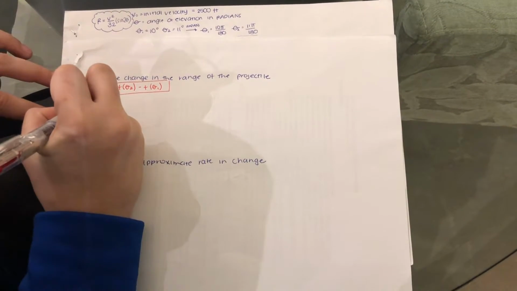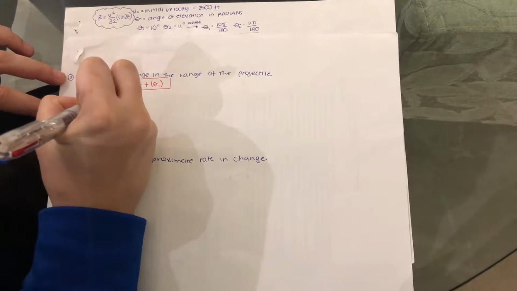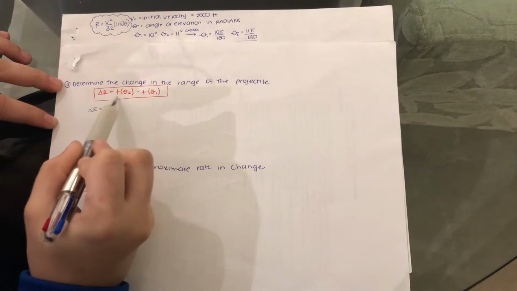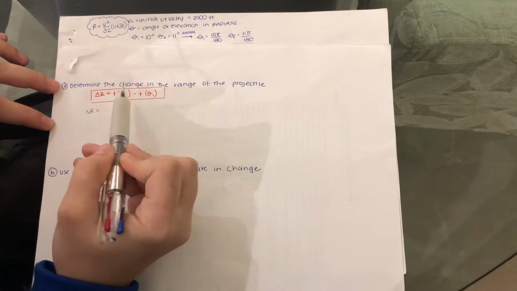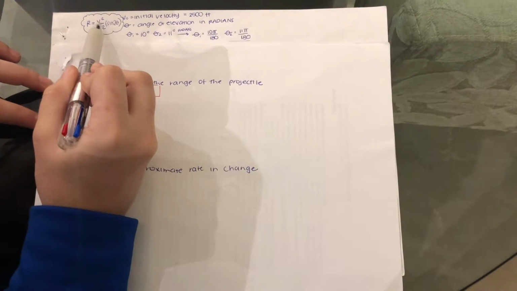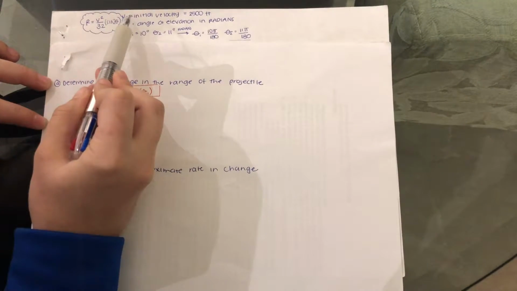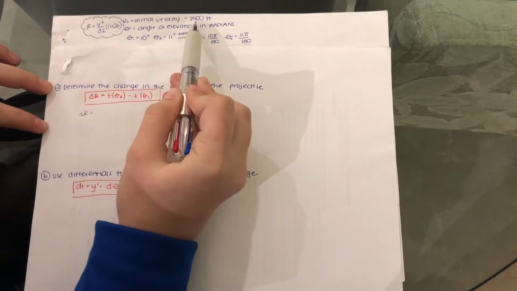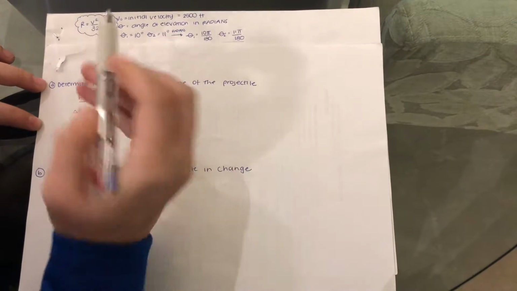We're gonna substitute delta R equals, we know the function for this one, this function needs to be plugged in here. So v squared, we know our initial velocity is v, and 2,500 is our initial velocity.